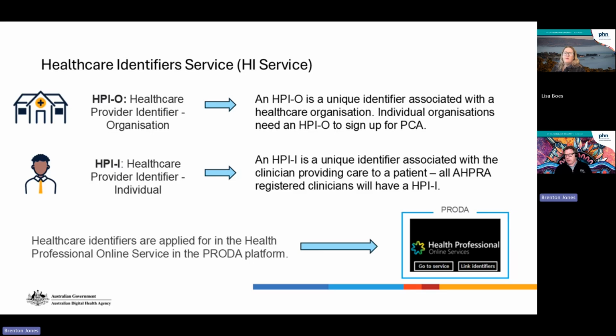Now, we're going to be doing some digital uplift education to the allied health sector in our local area a little bit later this year, but this is why it's so important, especially for allied health professionals who are non-AHPRA registered, that you can still gain access. You can still have access to the HI service, but your path to registering is slightly different.